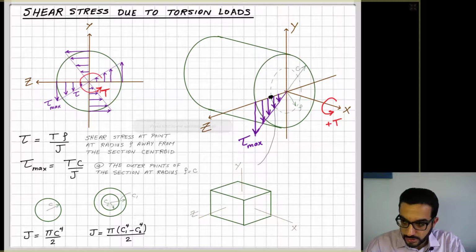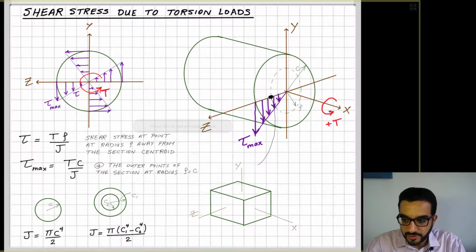So if I now pick a point at this rho radius and represent it with a stress block. If you remember from a couple of videos back, we discussed the idea of having a general stress state in a 3D block, and this is what I'm trying to do here, figuring out what stresses are applied at this point, but projecting them on a 3D stress block.